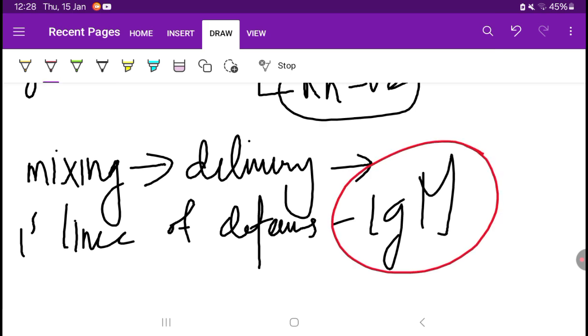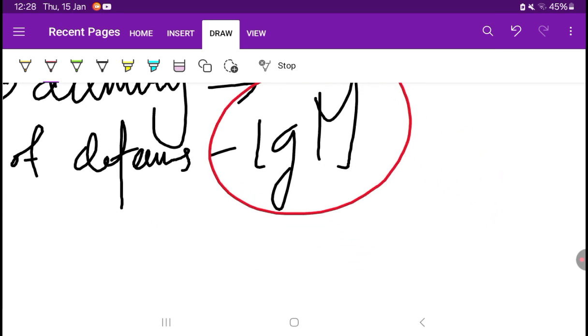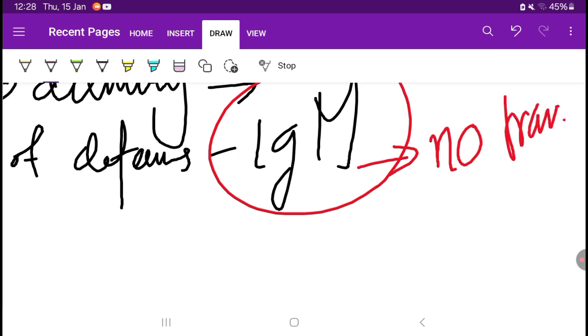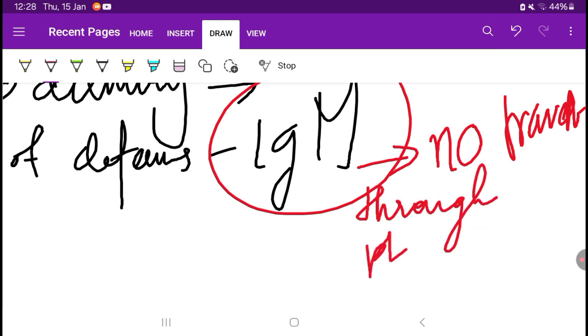IgM is the first line of defense. Does it travel through the placenta? No, it does not travel through the placenta.